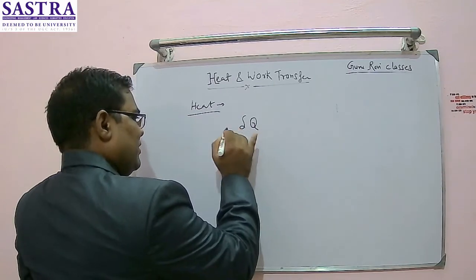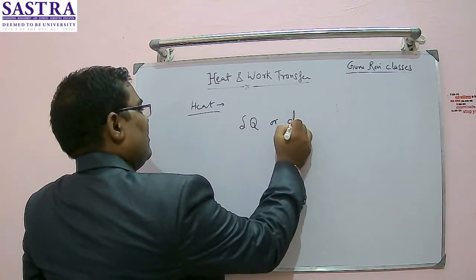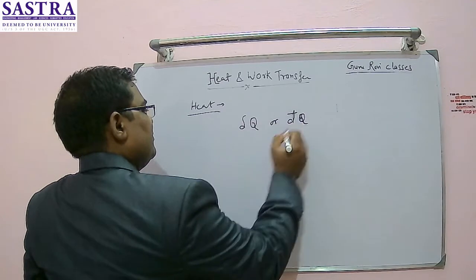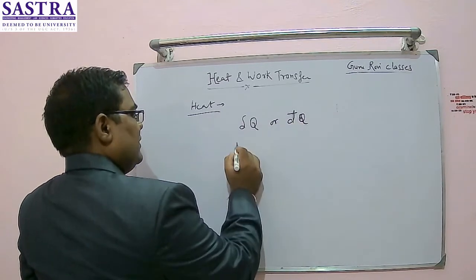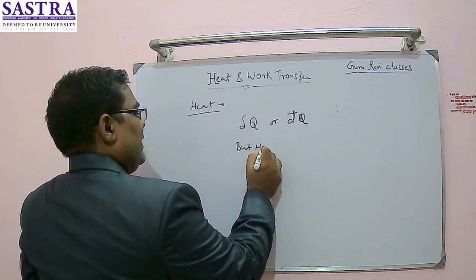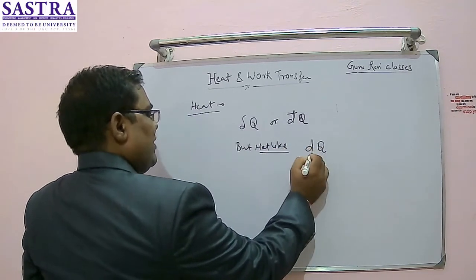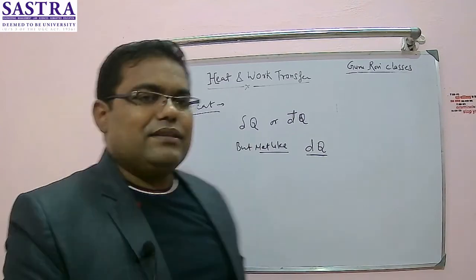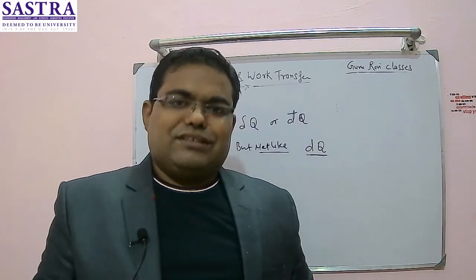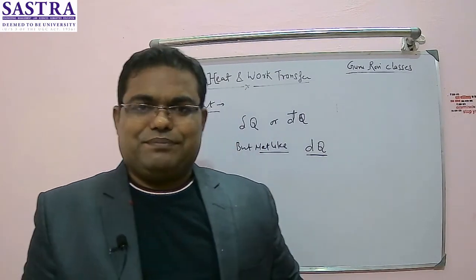This is the correct way of representation. But I cannot write dQ. That will be wrong because it is not an exact differential, because it is not a property of the system.